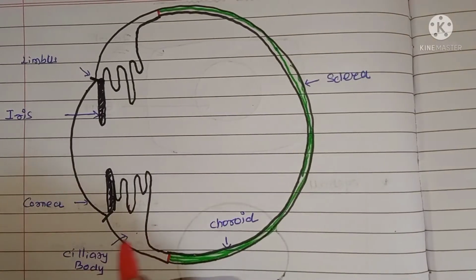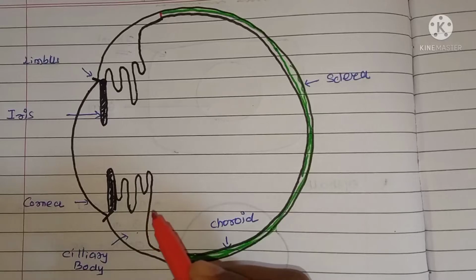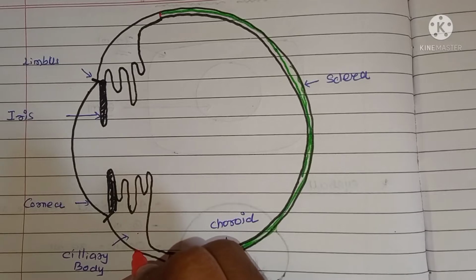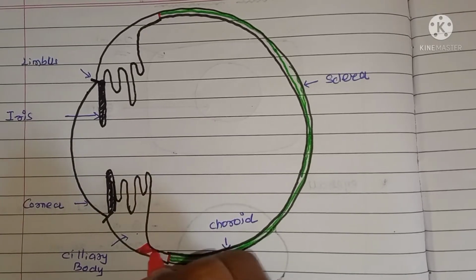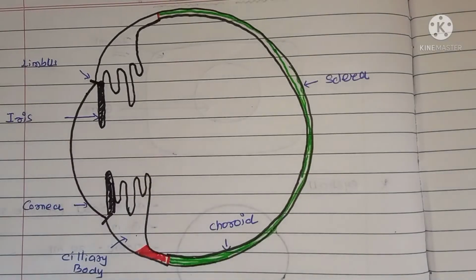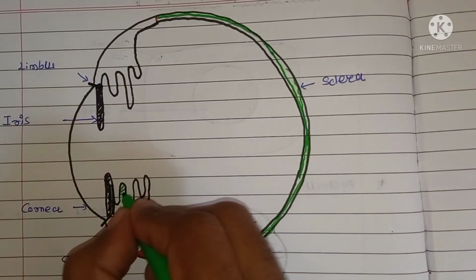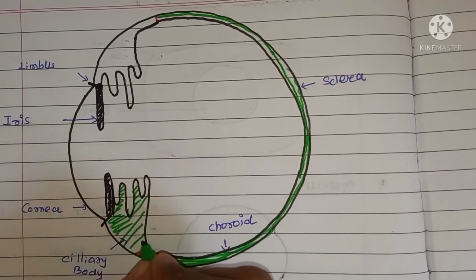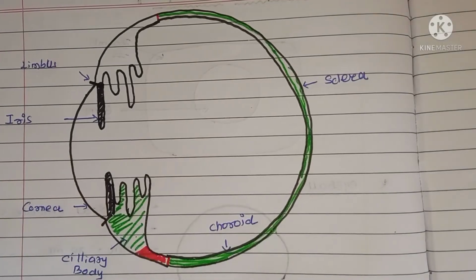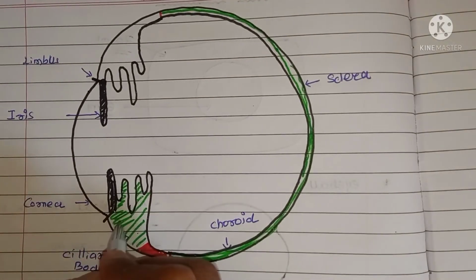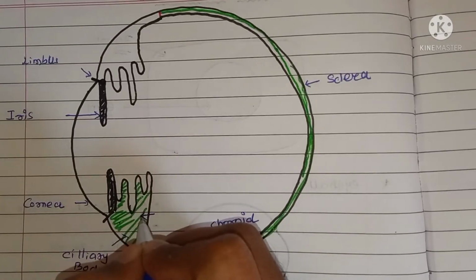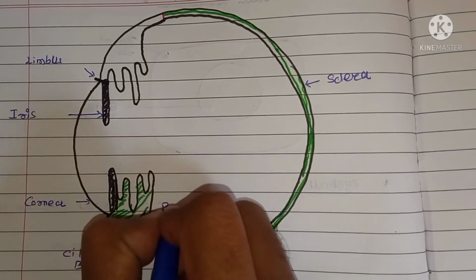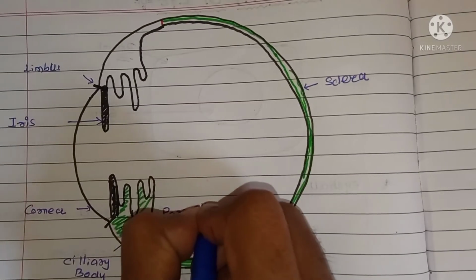But in the ciliary body, there are two structures seen. The ciliary body is again divided into two. From here, this part of the ciliary body and this all part of the ciliary body. This is all ciliary body, but this part, especially, is known as pars plicata.